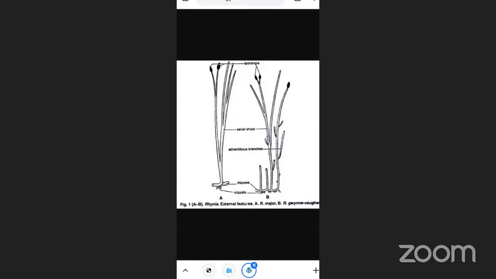The fossils of Rhynia were formed by the infilling of the cell cavities of the dead plants by the precipitation of mineral matters dissolved in the water. This process is permineralization, means petrifaction. So the Rhynia fossil is a petrifaction fossil.